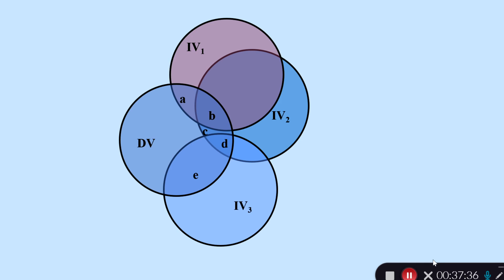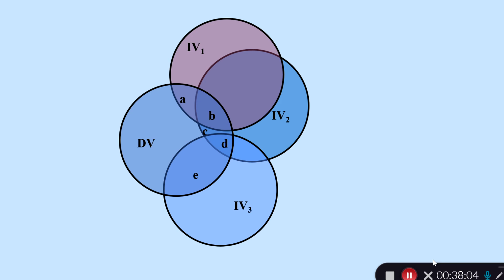So, for example, A is the variance explained, or the correlation between IV1 and the DV if we control for the other variance explained that's not unique to IV1.